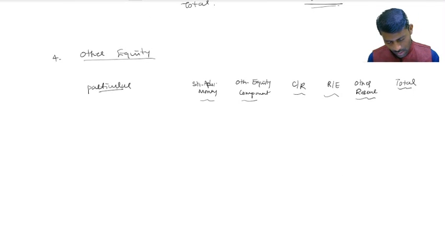Take general reserve and profit and loss account from step number 8.